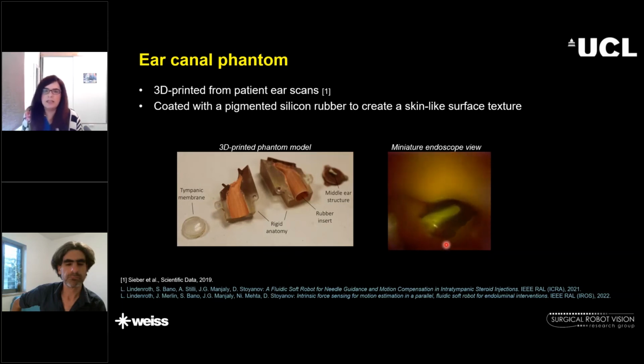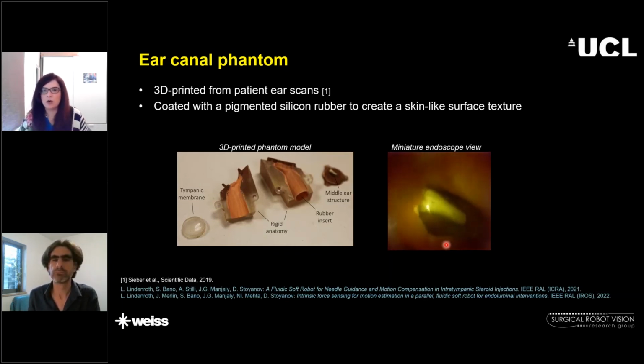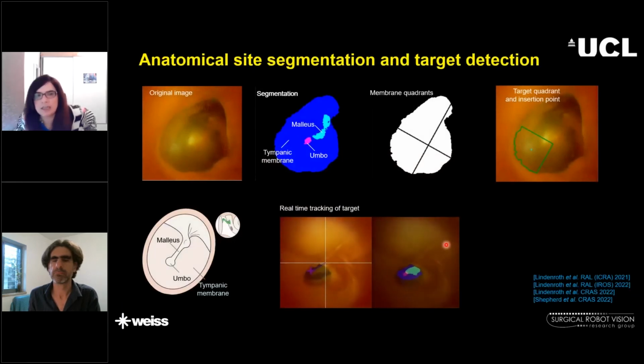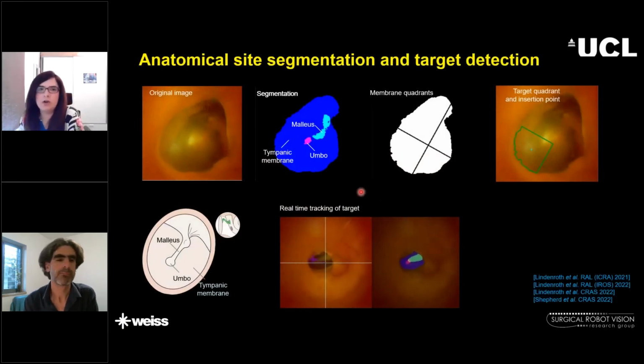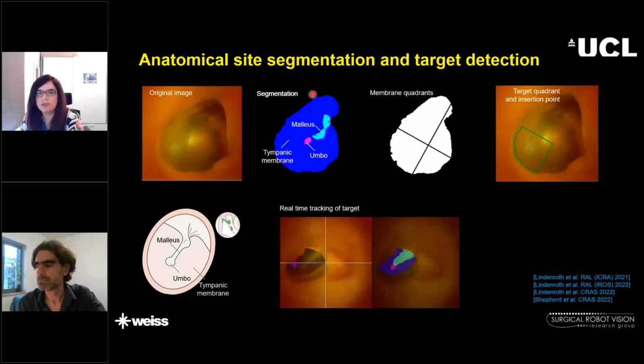So the next task was whether we can make this small, miniature robot navigate in this environment automatically. For that, we needed to build an understanding of this surgical scene. So to do that, we looked into segmentation of anatomical sites, where particularly the sites that we were interested in were the tympanic membrane, umbo, and malleus.